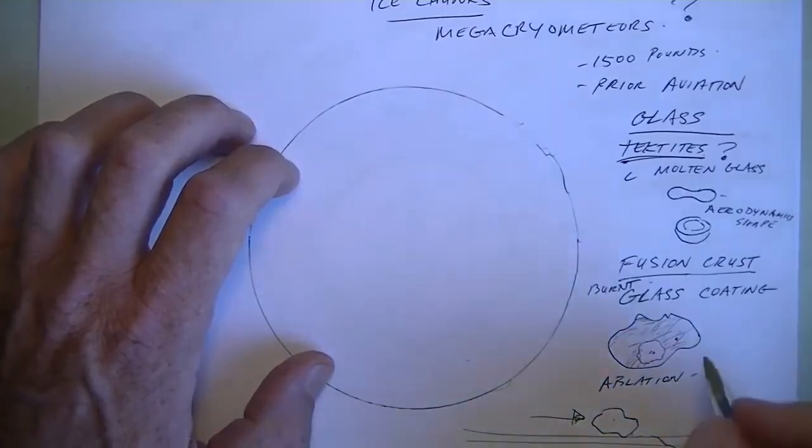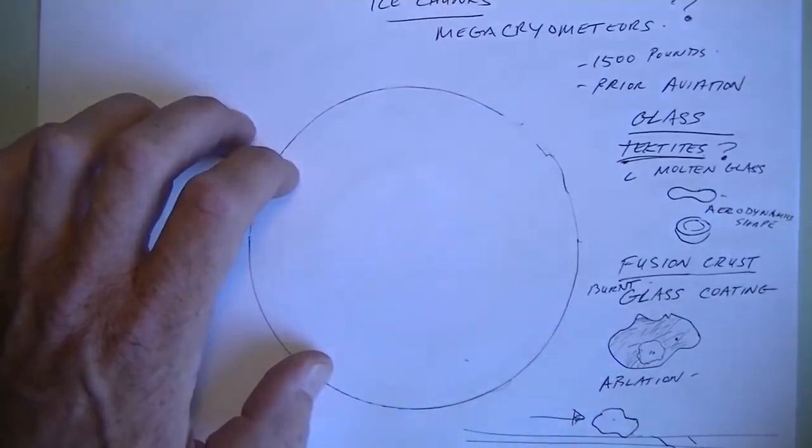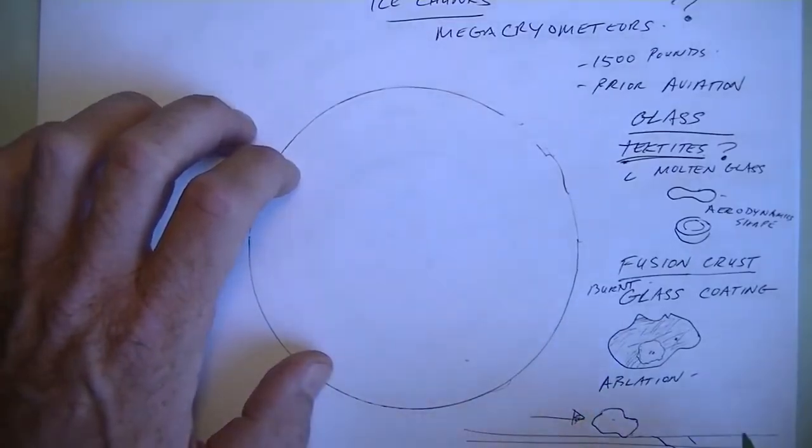Okay? Another reason why there's glass in the sky: when the meteor does enter through the atmosphere, there's a thing called triboluminescence. Triboluminescence. Which is basically when you rub two surfaces together, especially if one of them is quartz or silicon dioxide, which is glass, against another surface like that, it will create light.